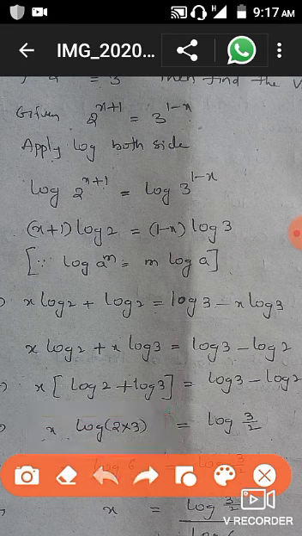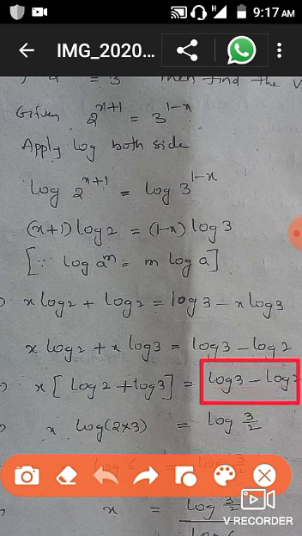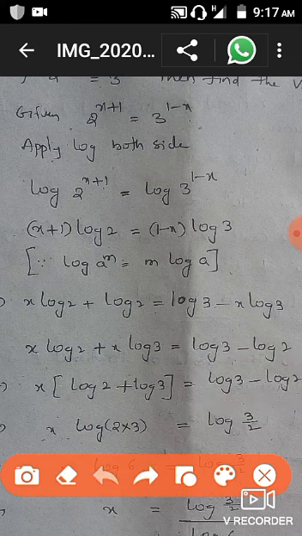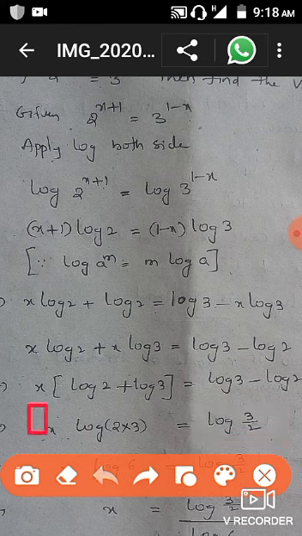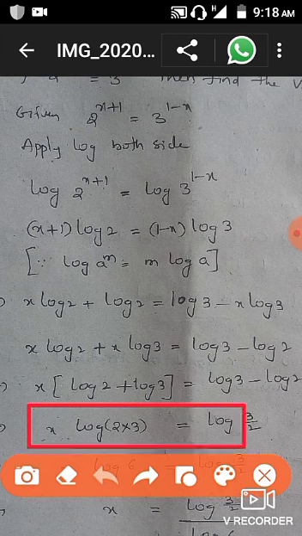Here the formula log m minus log n equals log m by n gives log 3 by 2. So the total step is x log 2 into 3 equals log 3 by 2. Okay? Wait a moment.